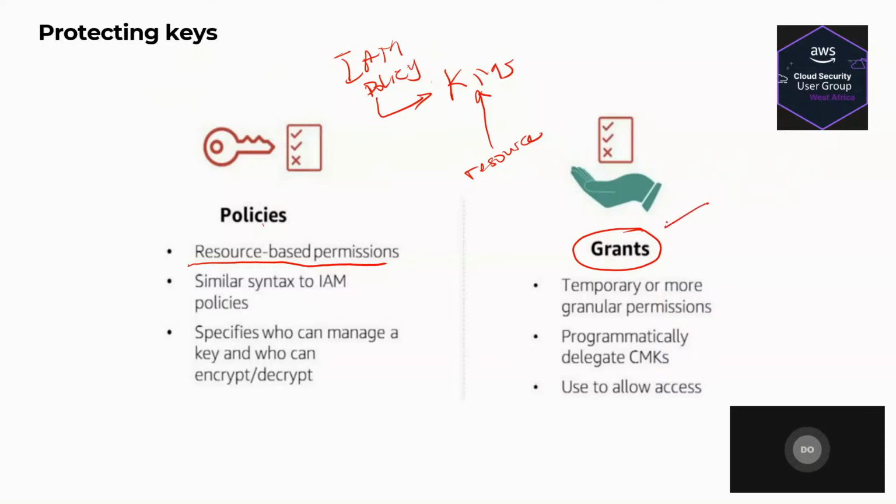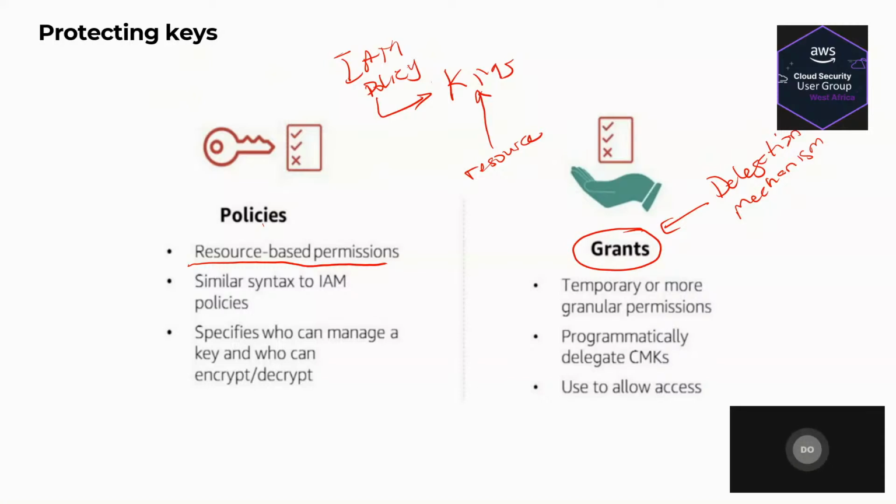Grant is mainly used as a delegation mechanism. What does that mean, David, by delegation mechanism? What are you referring to? Delegation is where I want to give somebody else permission to grant access to other people to the keys in KMS.